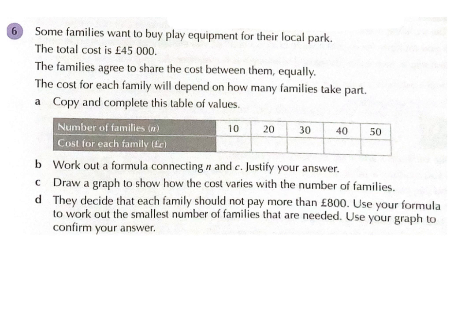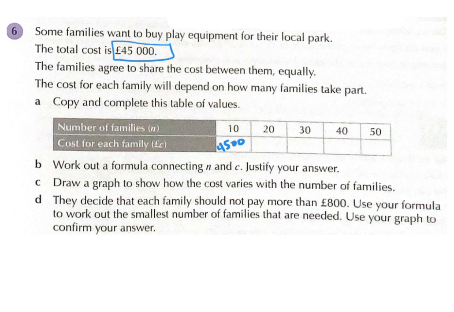Copy and complete this table of values. So the total cost is 45,000. If the number of families is 10, how to find the cost of each? Yes, 45,000 divided by 10, so 4,500. Number of families 20, what is the cost for each? Divide 45,000 by 20.